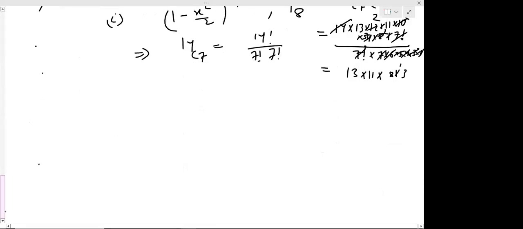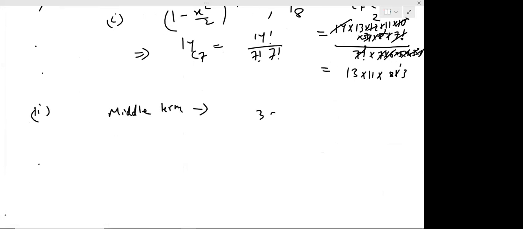All right. Next one is the middle term, we can find it, no problem. Let's write one more question. Find the middle term in the expansion of (3a minus a cube by 6) to the power 9.